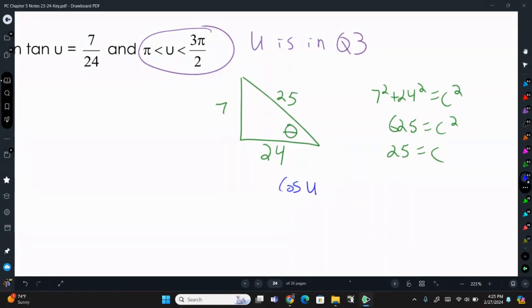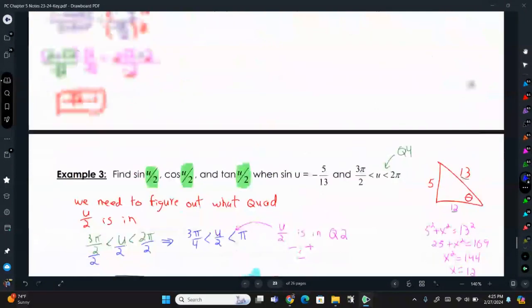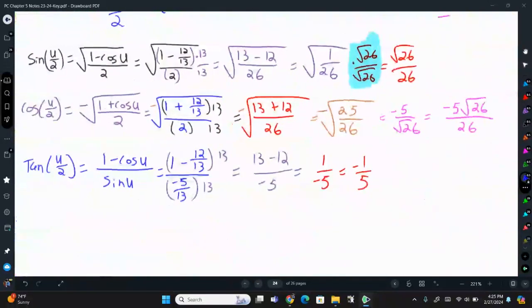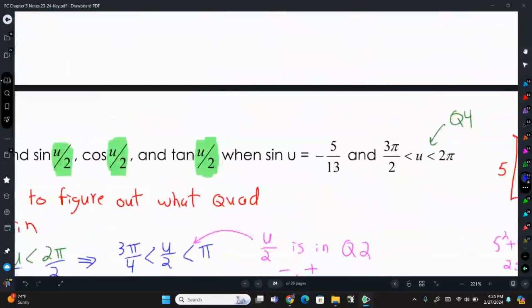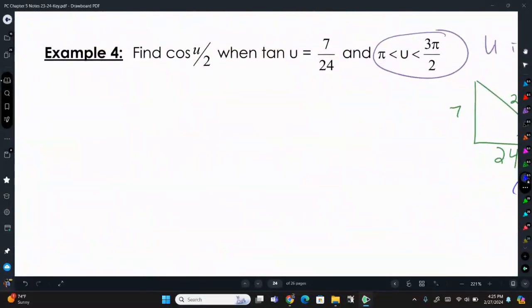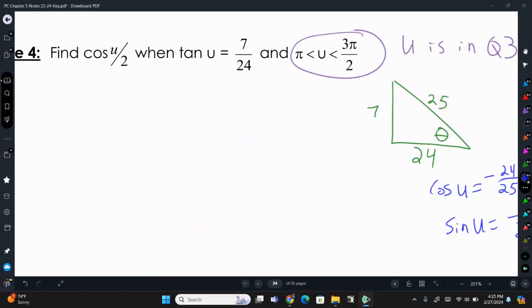So the cosine of u is actually negative 24 over 25, and the sine of u would be negative 7 over 25. It didn't affect us really in the previous problem because cosine was positive in quadrant 4. It did affect us a little bit for tangent, but they told us sine was negative right here. So we had to be mindful that u over 2 and u both factor into all of these problems.